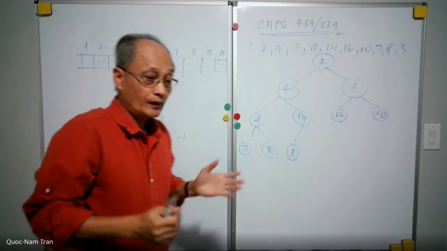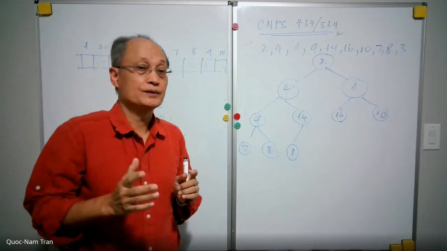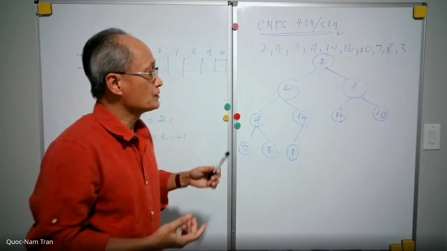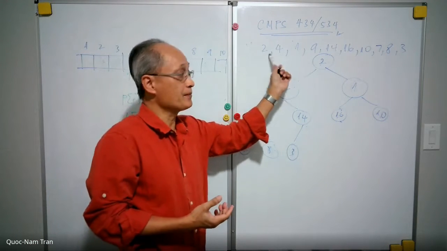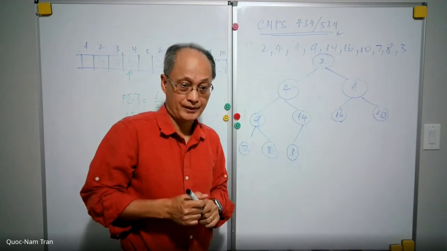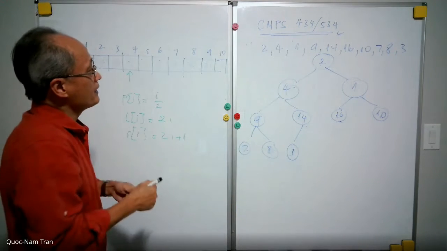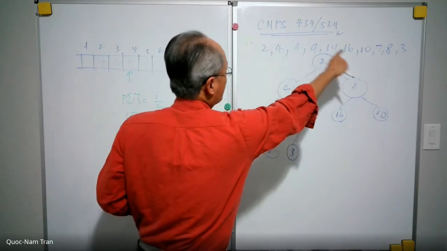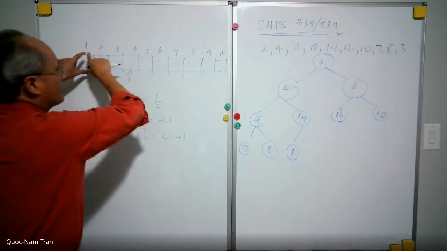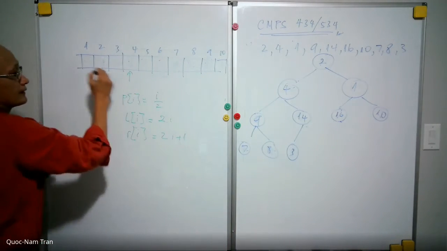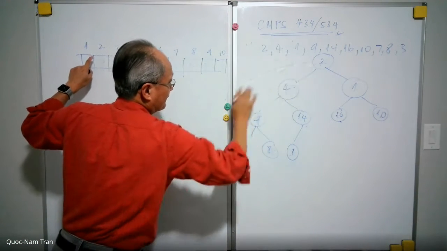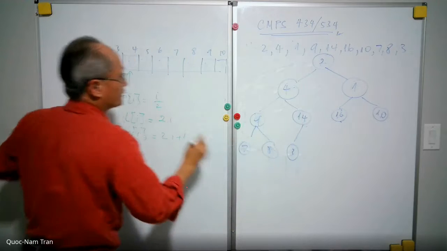So we will try to design an algorithm for helping us to build a heap for an arbitrary sequence of numbers. Now, as usual, we can consider this one as an array. We will do that exactly in the same manner like we fill out the tree.